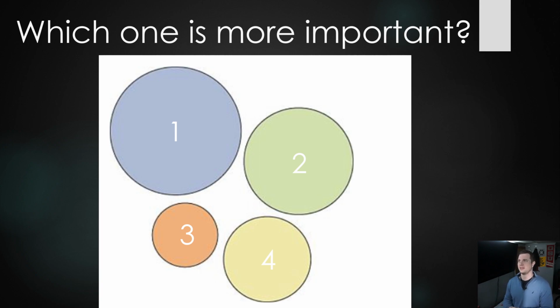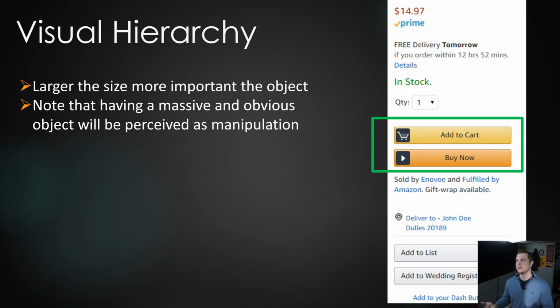Okay, that is a thing, sort of. It's not a very strong correlation, but a lot of people answer number 1 in terms of what we call visual hierarchy. The larger the item, the more precedence and importance is going to be given. So if we come over here, Amazon has done this through size and color, but in general, size is going to be paramount for visual hierarchy. Okay.